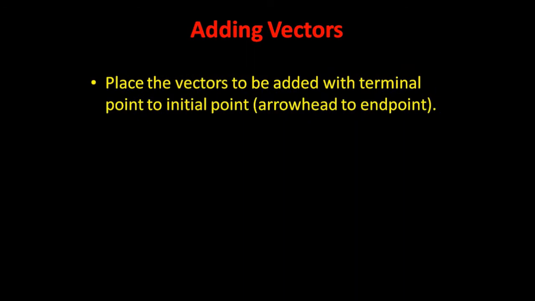To add vectors, what you need to do is place the vectors to be added with the terminal point to the initial point, the arrowhead to the end point. And at this stage, I probably need to mention the fact that vectors are represented with arrows. And so typically you're going to have an arrow that has an endpoint and an arrowhead. So a vector might look like this.